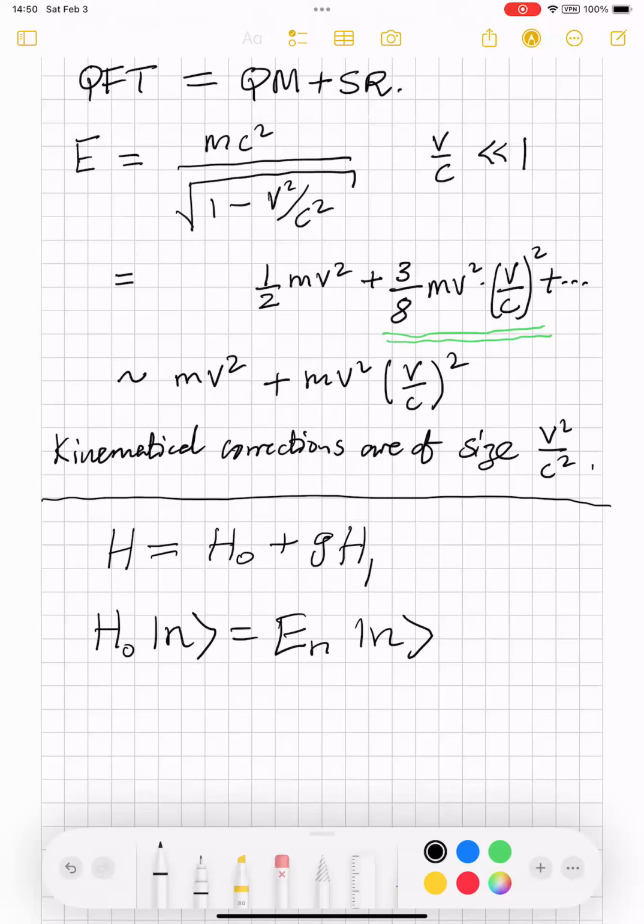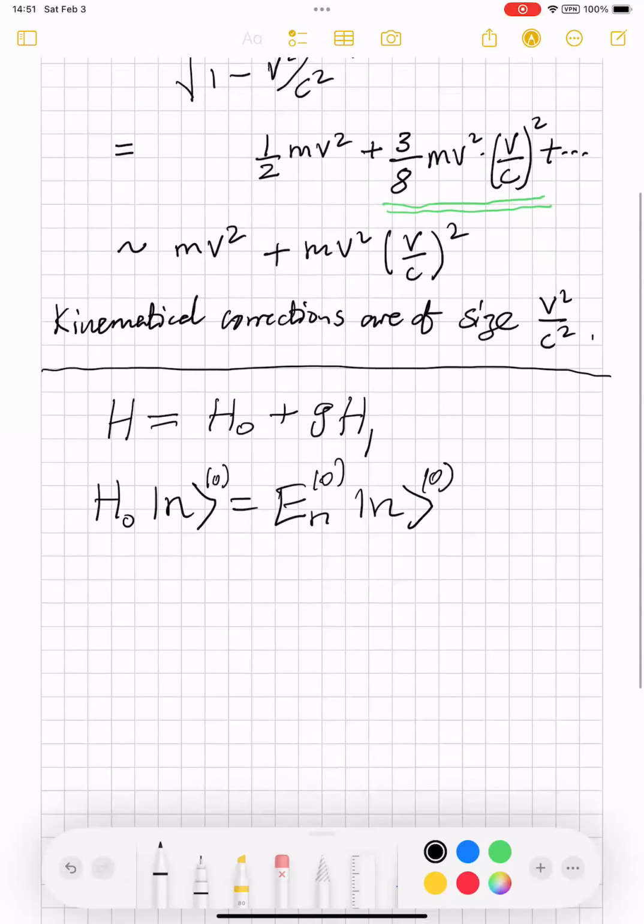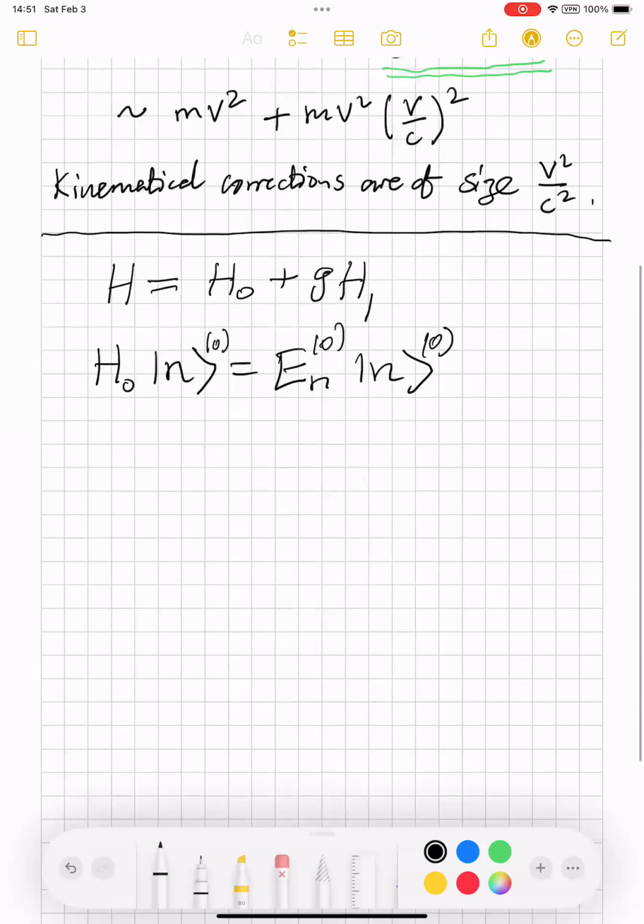And to remind you of that, in our notation, we're going to include a subscript naught. So these are not eigenstates of the full Hamiltonian, they're eigenstates of the unperturbed Hamiltonian. Here, I'm using Dirac's bra-ket notation. I hope you are familiar with that. If not, well, you have some reading to do, and you should ask some questions.